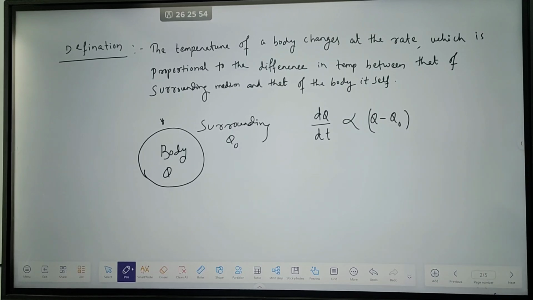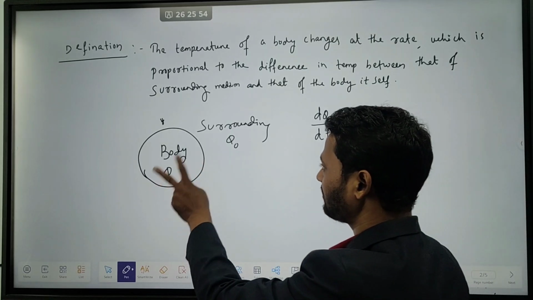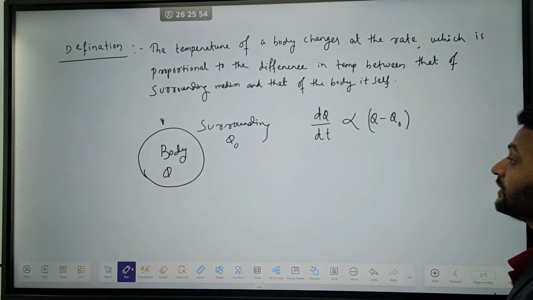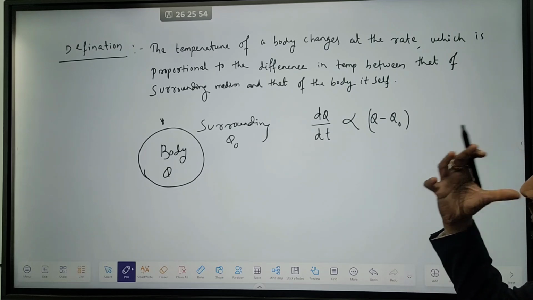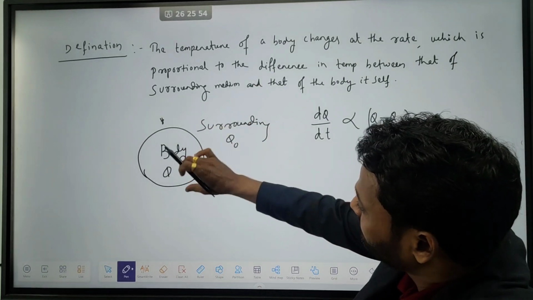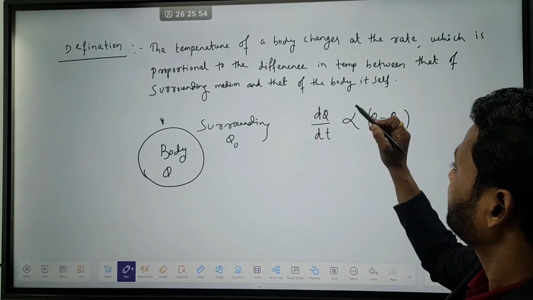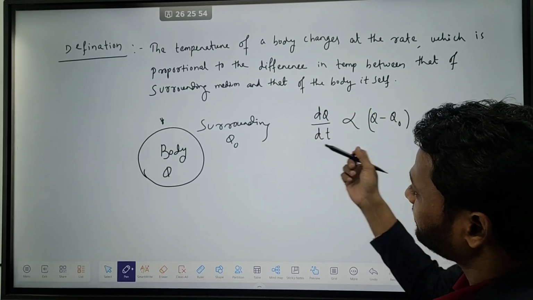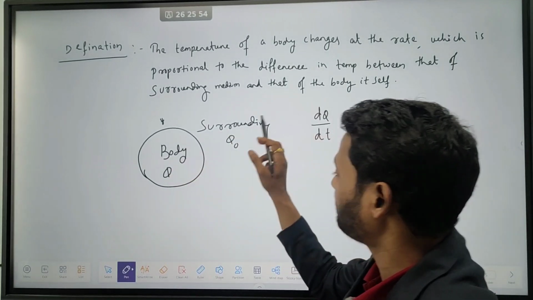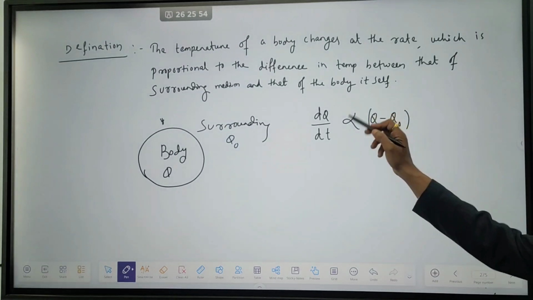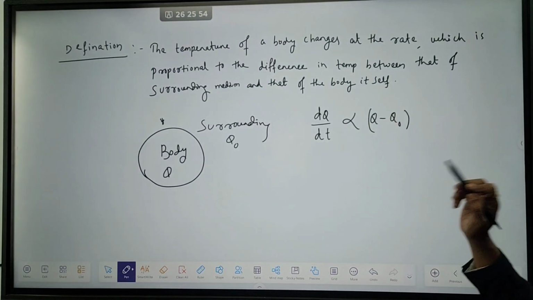Understood? Again I repeat, body temperature is theta, surrounding temperature is theta naught. As per Newton's law of cooling, the rate at which temperature changes, d theta by dt, is directly proportional to the temperature difference between body and surrounding. That is, d theta by dt is proportional to theta minus theta naught.